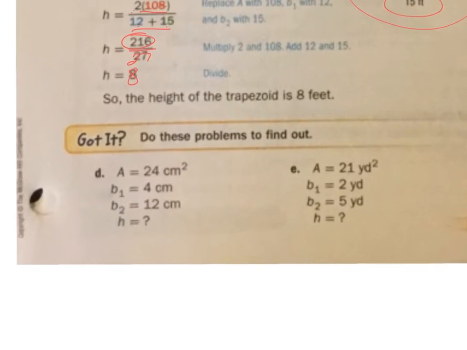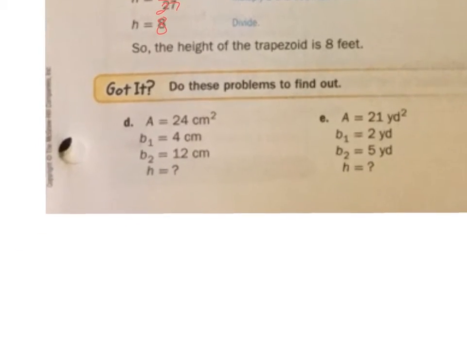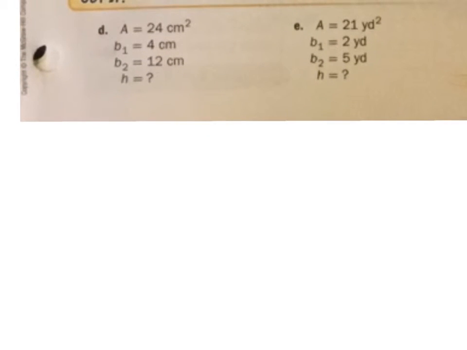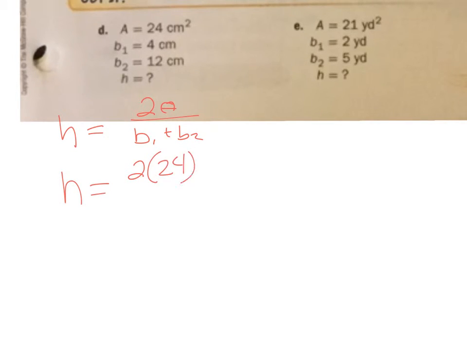Let's see. Let's do these two. Okay, so let's just write the formula. Height equals 2 area divided by base 1 plus base 2. Okay, so I don't have the height, but I do have the area, so it's 2 times 24.